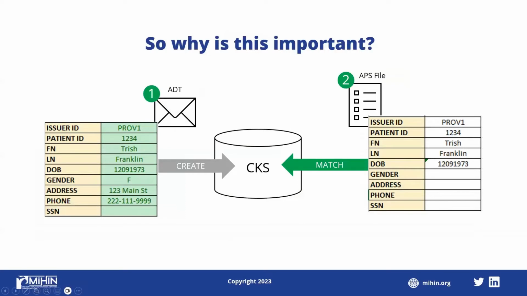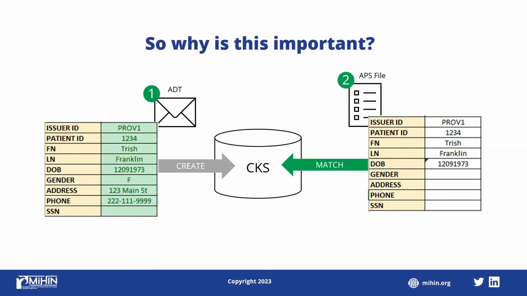So why is that important, or what is the net impact of using a hybrid patient linking and demographic strategy? It gives you the opportunity to do something like this, where you have high quality demographics from one message type, like an ADT, that's enough to establish a new identity or match to an existing identity.